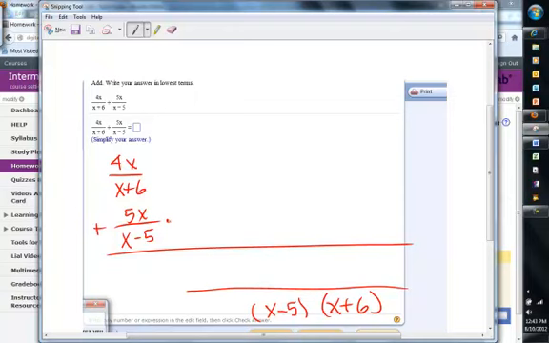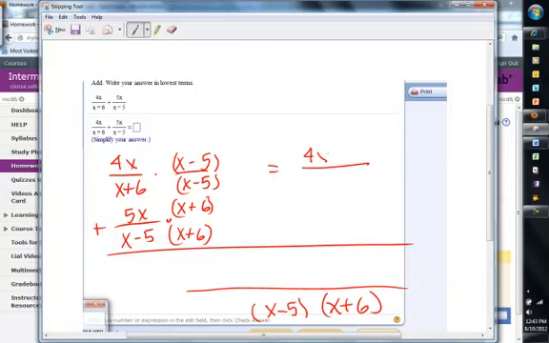Now this one is missing the x plus 6 on the top and the bottom, so we're going to multiply by x plus 6. This one is missing the x minus 5 on the top and the bottom. So the numerator here is going to become 4x squared minus 20x, because you're going to multiply that times both of those. Save time, don't write the denominator.